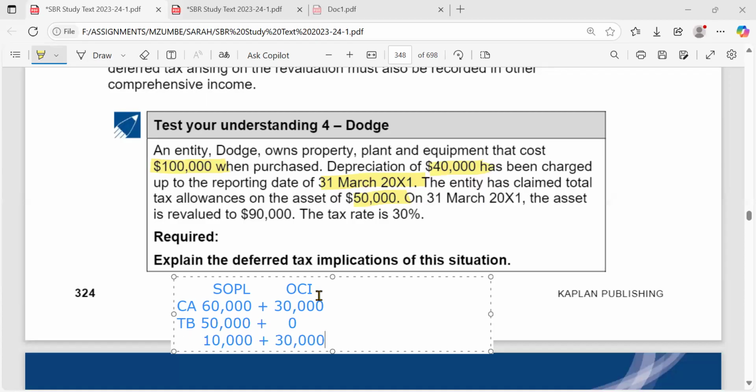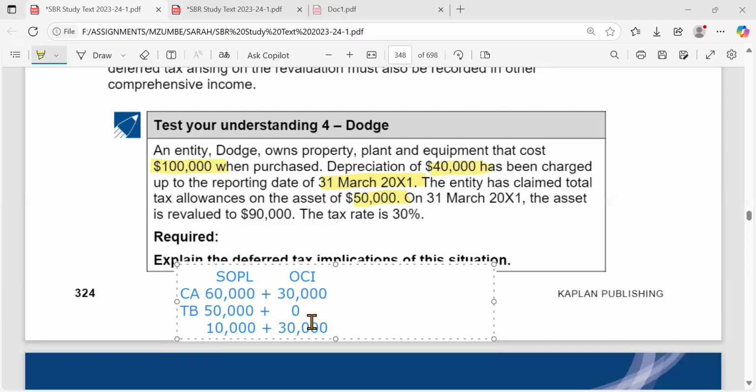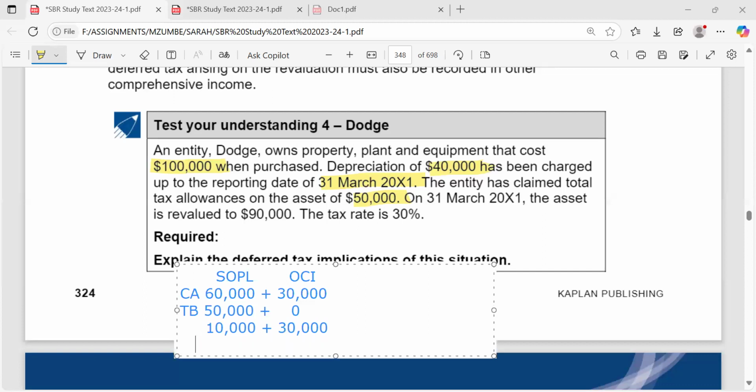So you can get the tax by multiplying by 30%. 10,000 times 30%, how much do you get? It should be 3,000, right? And here, 30% times 30,000, it should be 9,000, right? Yes. So this is how we deal with these issues.